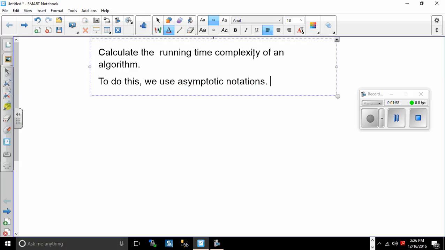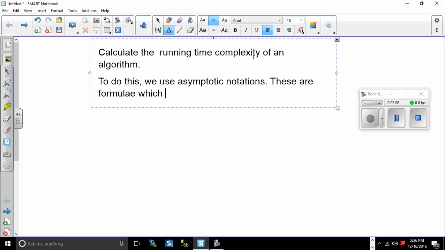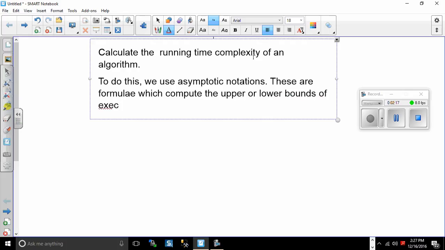These are formulae which compute the upper or lower bounds of execution times for a given algorithm. So I'll explain.